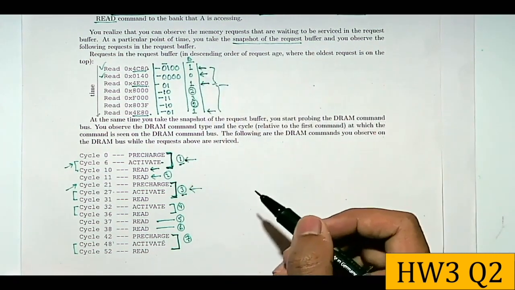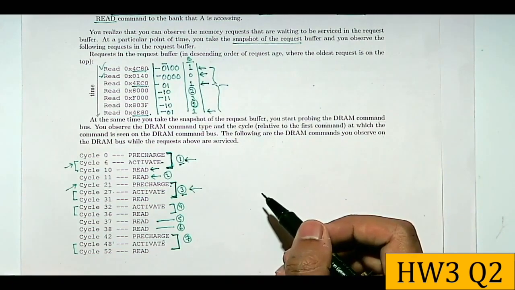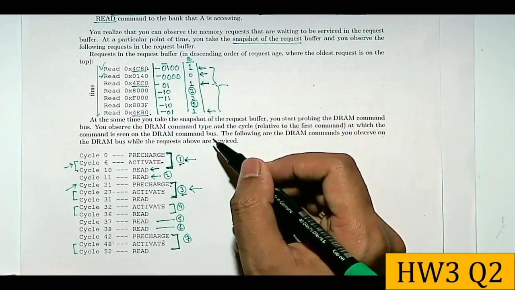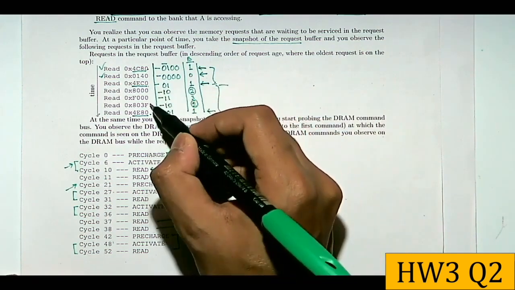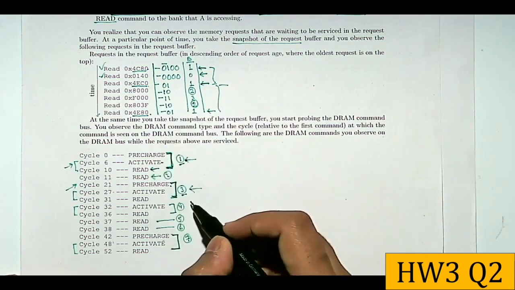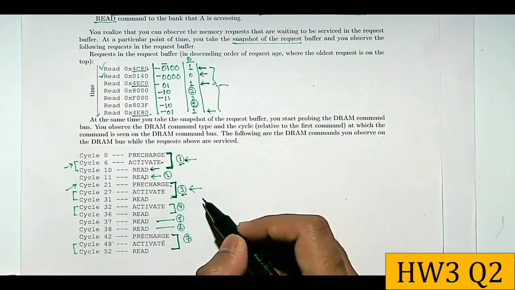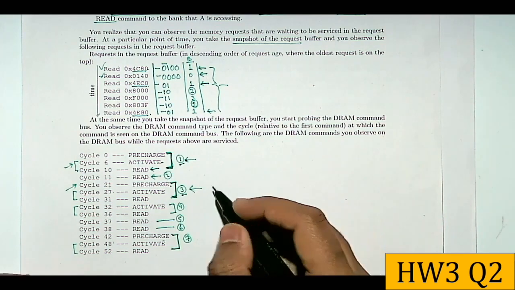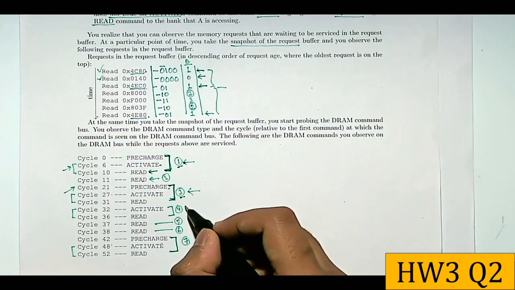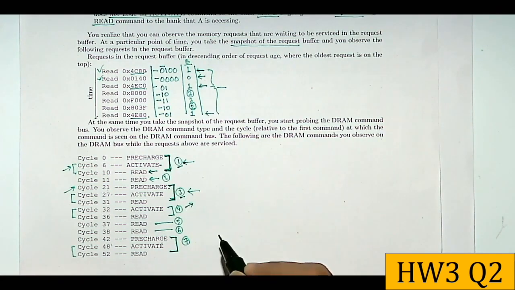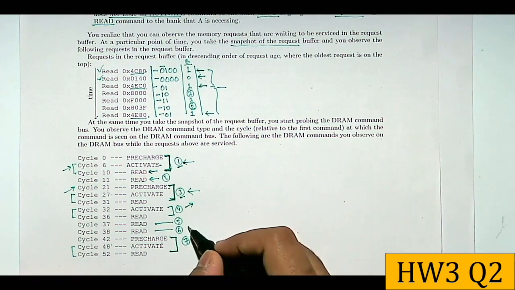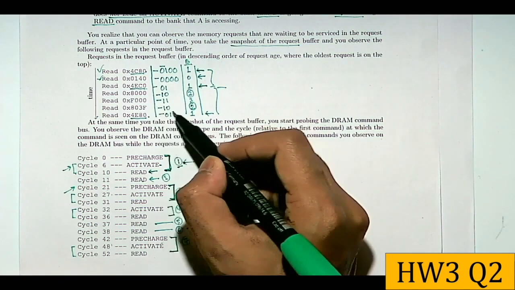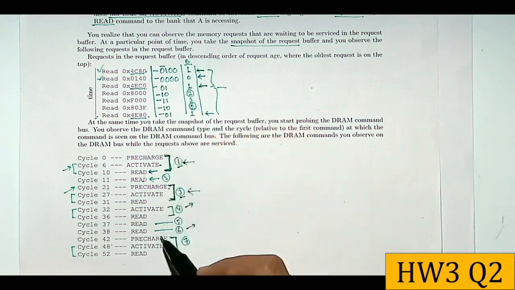Now we see that these two are basically 800 and 803F. Let's see. Oh, am I making some mistake? No, okay. 800 is this one, and 803F is this one. Now if you see the access number, this access 803F is the last but 1.